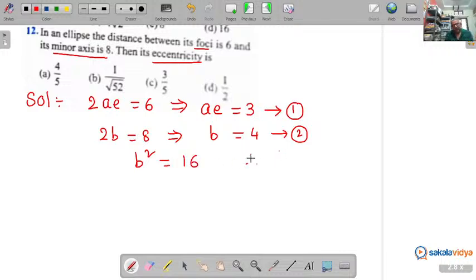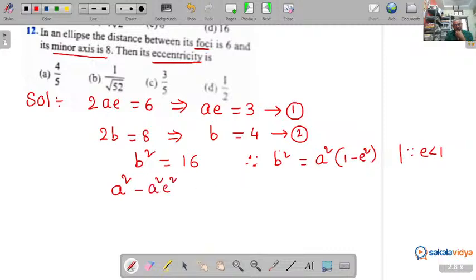But we know that b squared equals a squared into 1 minus e squared, because in an ellipse e is less than 1. So now you can write a squared minus a squared e squared equals 16.